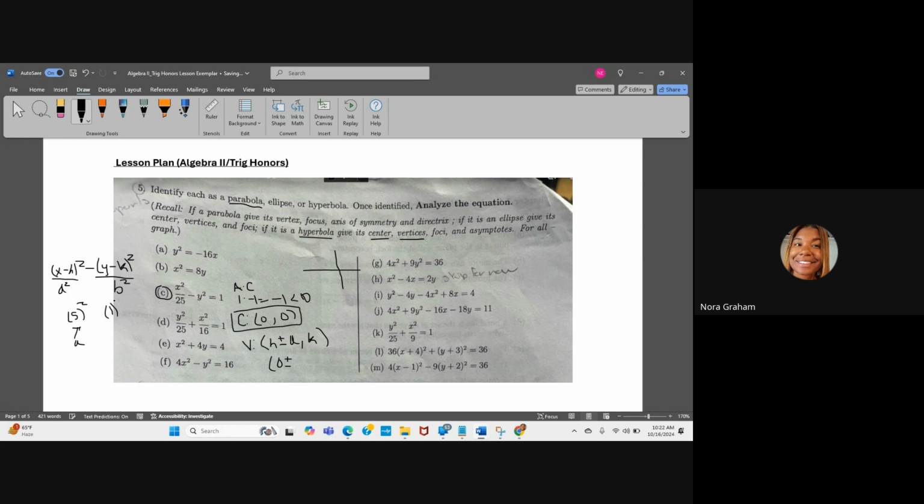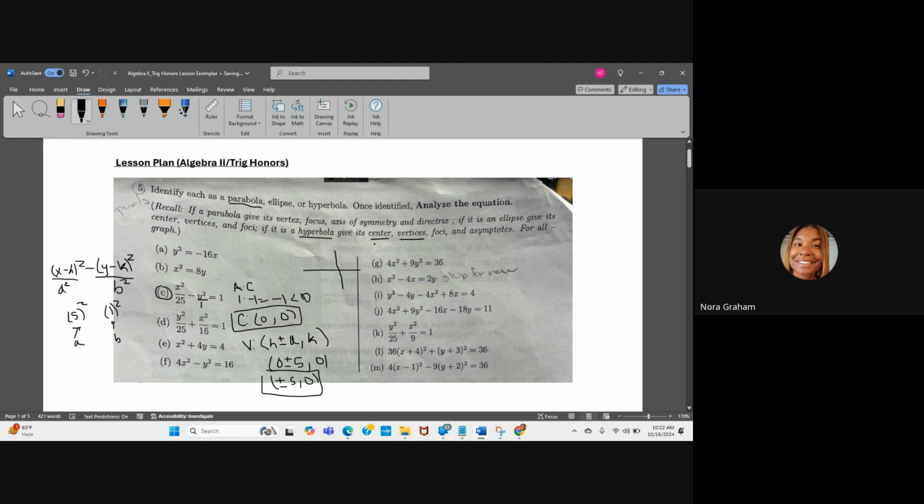So whatever's being squared, that's your b, just so you know. I just put this over 1. That's how I know. So our a is 5, and this is 0. So I know my vertices are just going to be plus or minus 5, comma 0. That's nice.